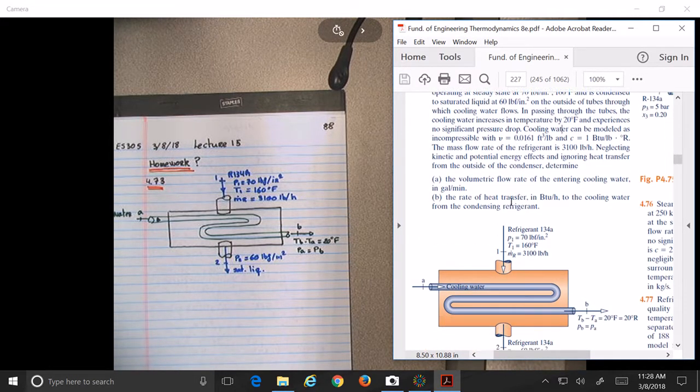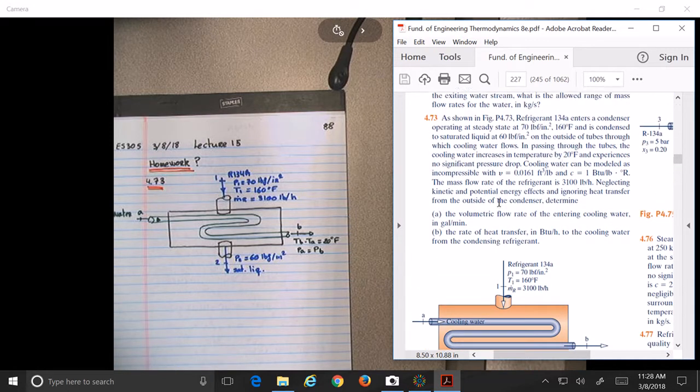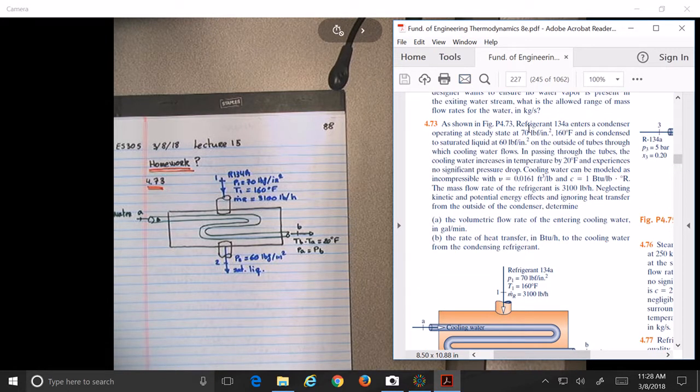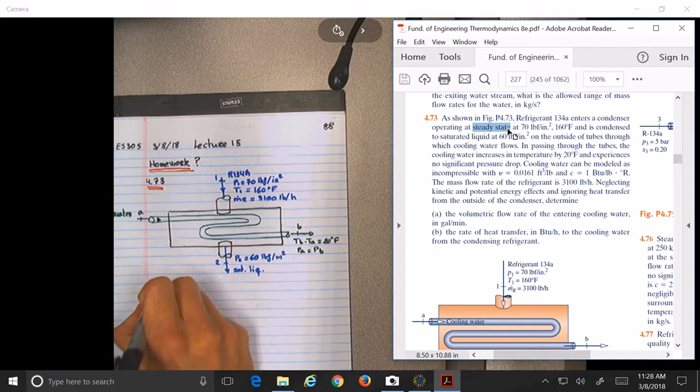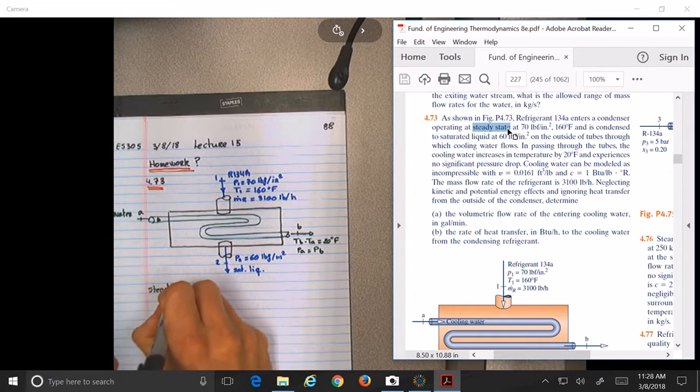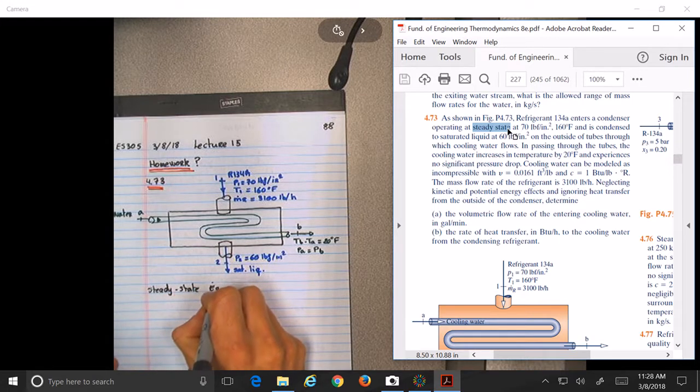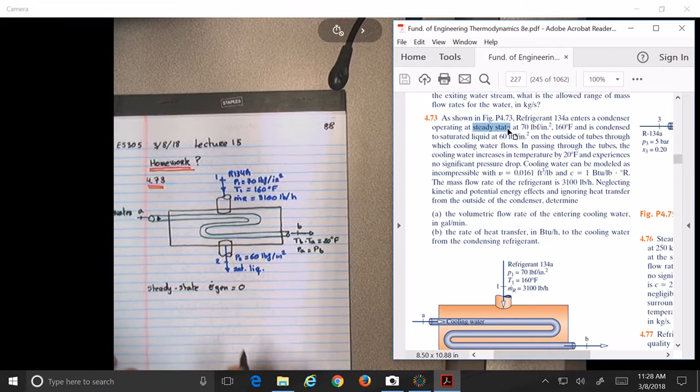I hope so, because I don't see much information on the problem statement. So, as shown in figure 4.73, refrigerant 134A enters a condenser operating at steady state. Okay, so is the term steady state important? Yeah, because if we have to do an energy balance, it will mean that the energy generated is 0.